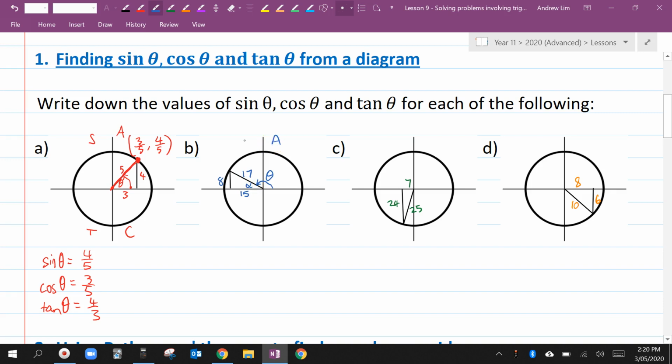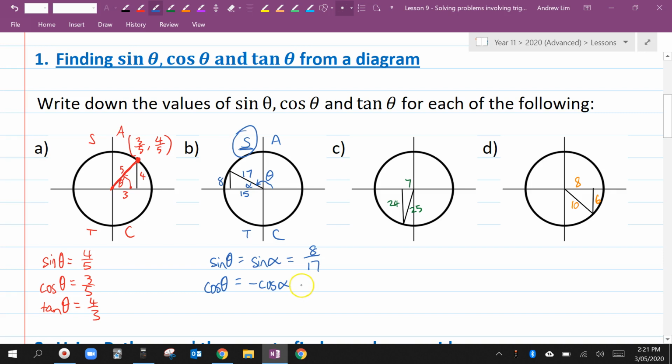So all stations to central, if we want to find sine theta, it is equal to sine of alpha in this case, because only sine is positive, which is 8/17, opposite over hypotenuse. If we want cos of theta, it is equal to negative cos of alpha, because in this quadrant, again, only sine is positive.